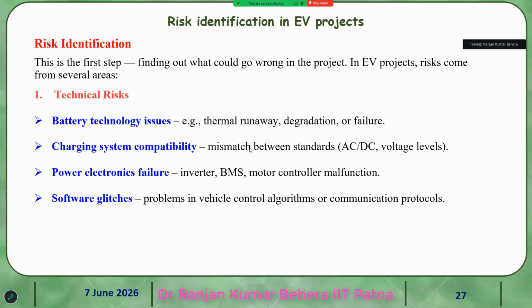So, risk identification in the EV projects. This is the first step: finding out what could go wrong in the project. In an EV project, risk comes from several areas.